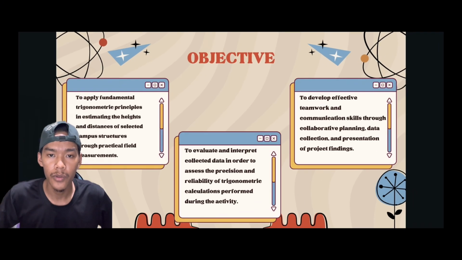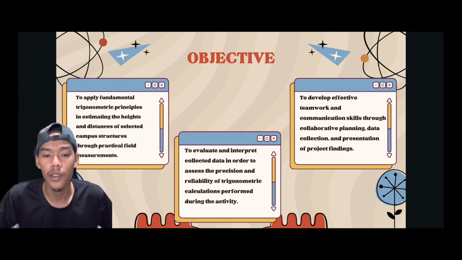Okay, next we go to the objectives of our group final assignment, and there are 3 points. The first point is to apply fundamental trigonometry principles in estimating the height and distance of selected campus structures.